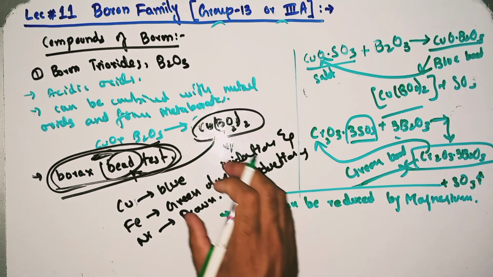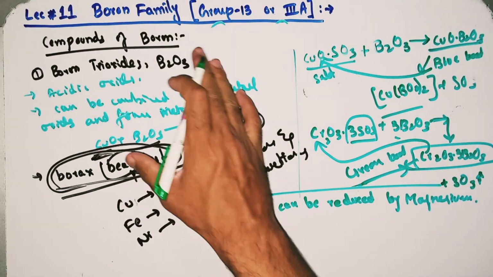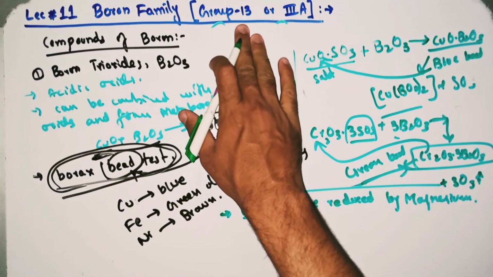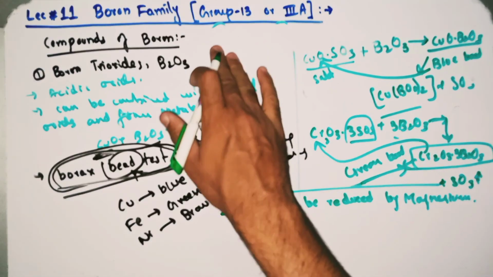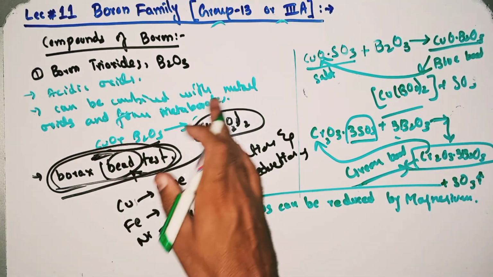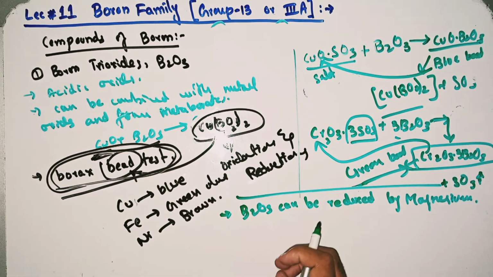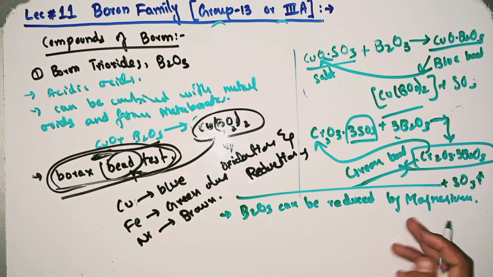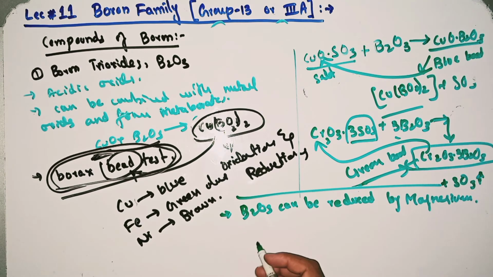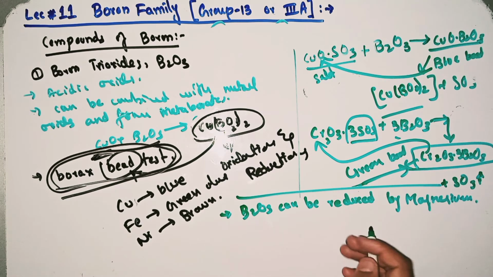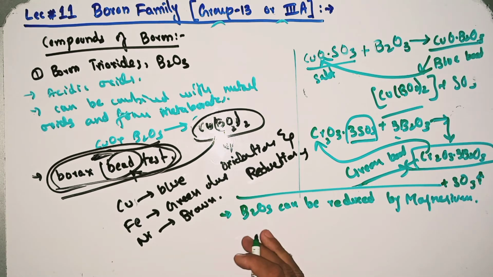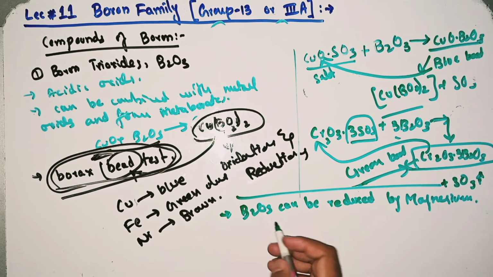All the other elements from group 13, when combined with any other metal, will produce a compound with that metal. But boron cannot form such compounds when combined with another metal like magnesium. Instead, here the magnesium will reduce B2O3.